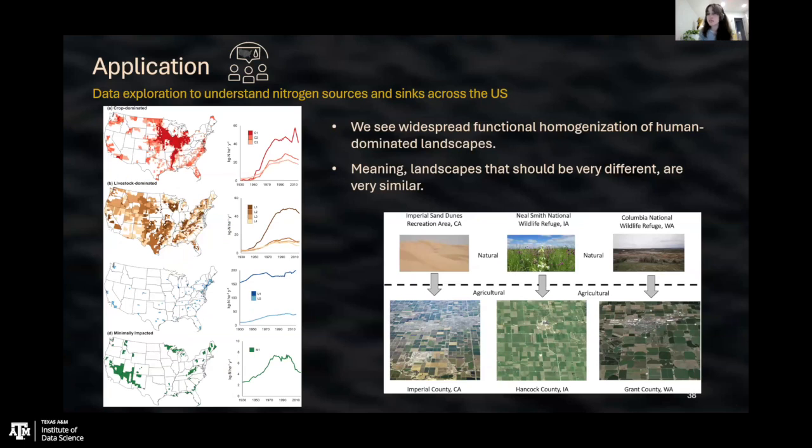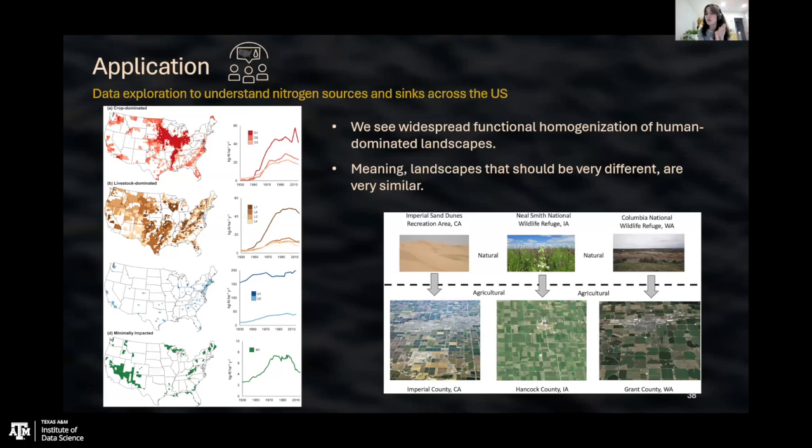What insights we get from that is that, especially looking at the crop dominated ones, the counties that are extremely agriculturally driven, we're seeing a homogenization, right? When humans convert these three very different landscapes that look extremely different across space, we turn it into an agricultural field, and we get this homogenization.